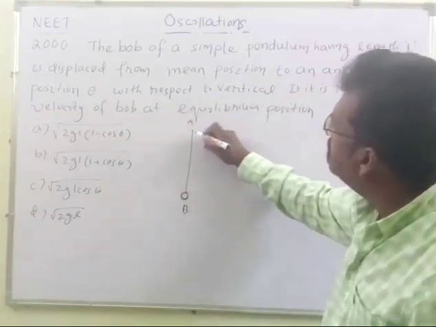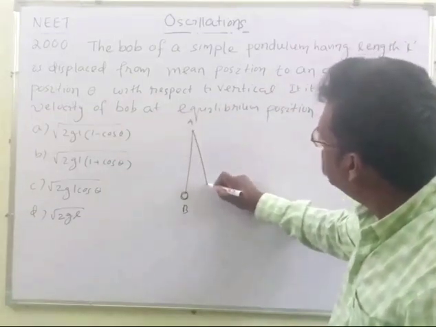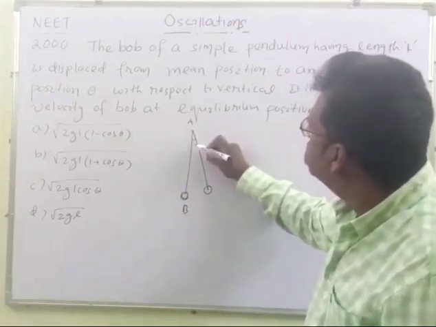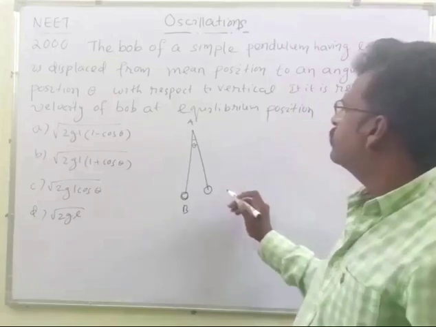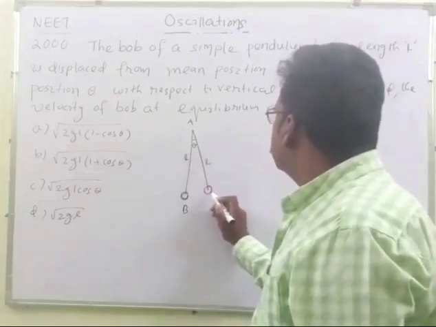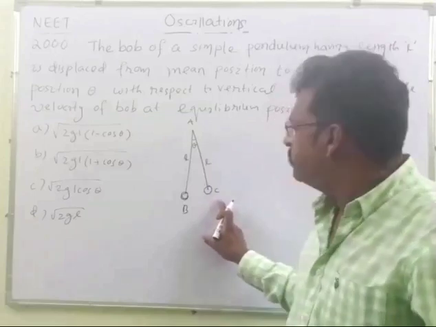This is the vertical, and this is displaced through an angle theta. So this is also L.